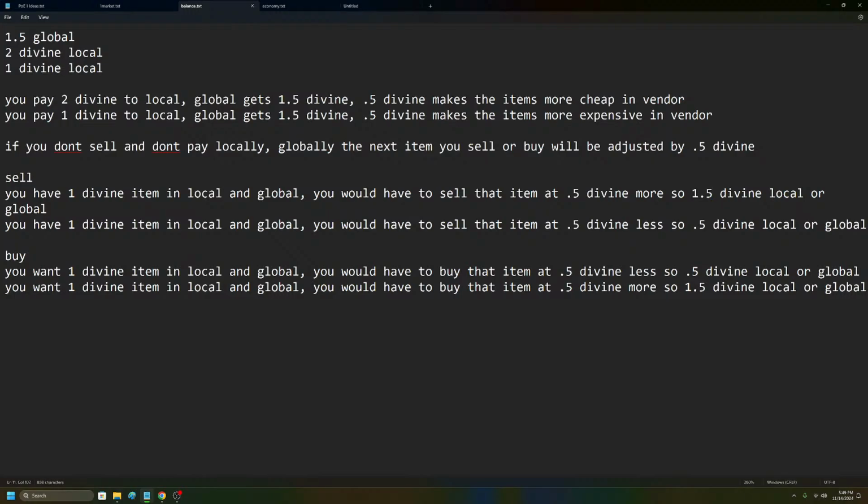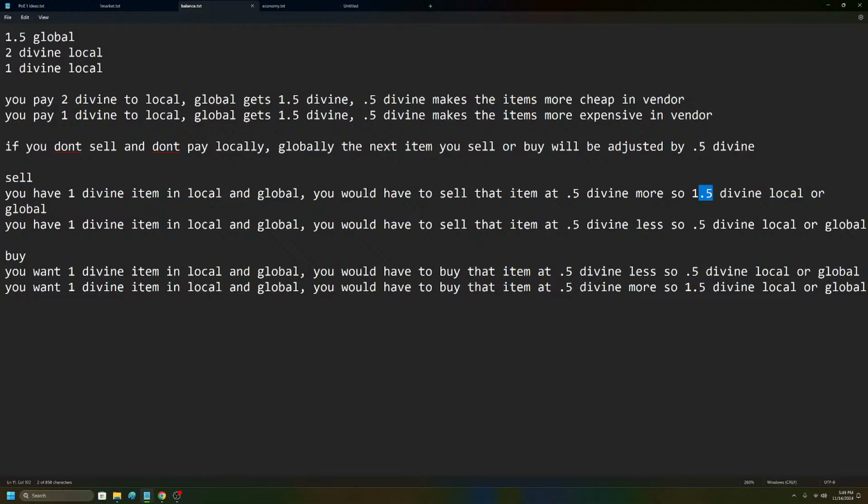It would be 0.5 divine is what you would get for the item if you sold it. Because the other 0.5 divine goes to the vendor.